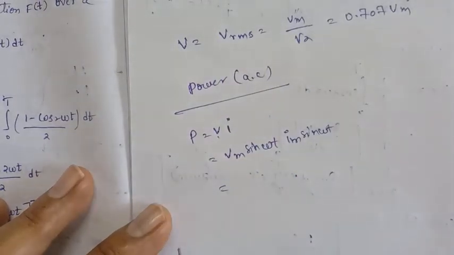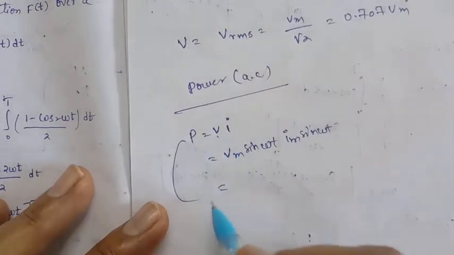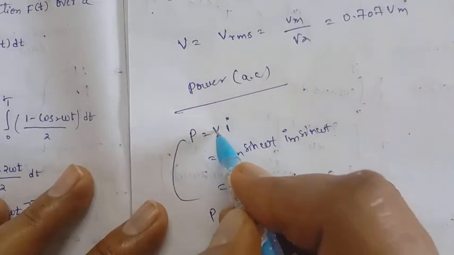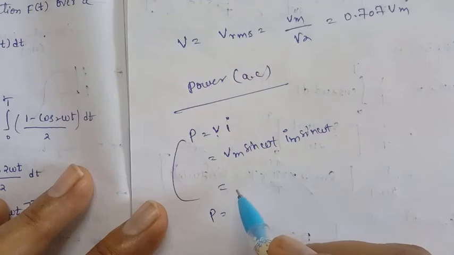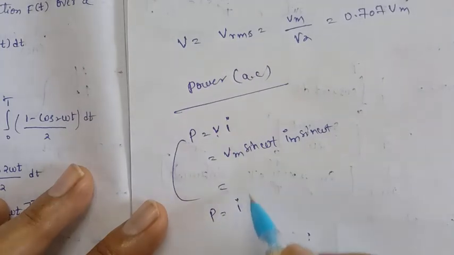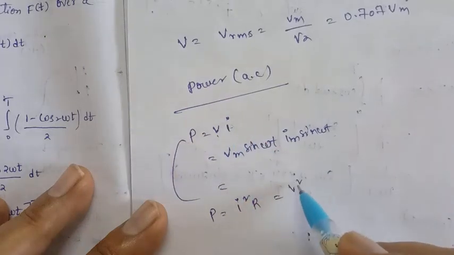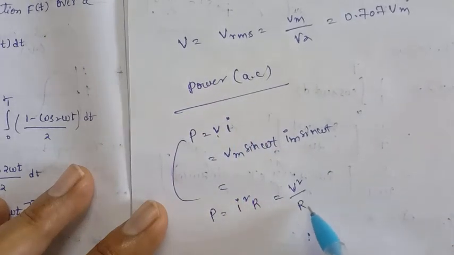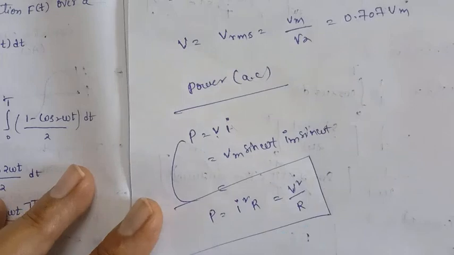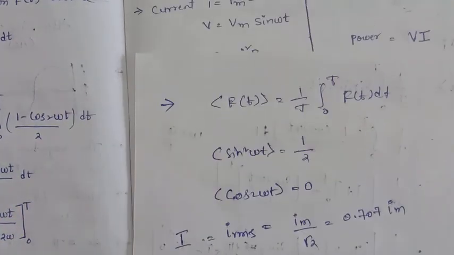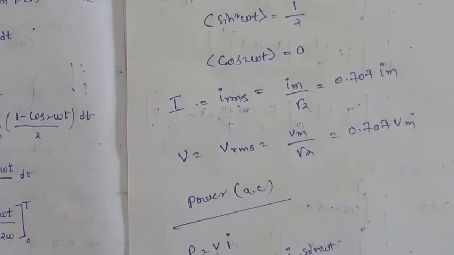Otherwise we can use the formula for P: according to Ohm's law V is equal to IR, that means P is I into I, so I square R. Otherwise I is equal to V by R, that means V square by R. These are the formulas you have to use. Okay, all of you remember these formulas. This is all the introduction about alternating current.